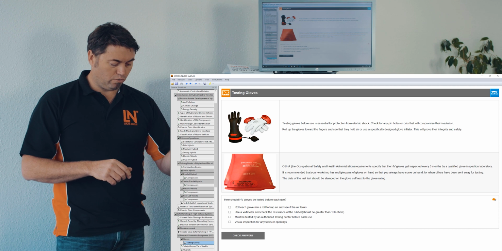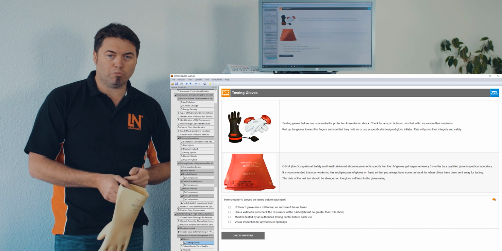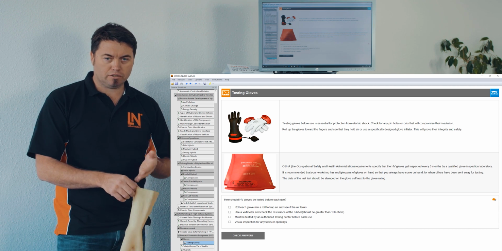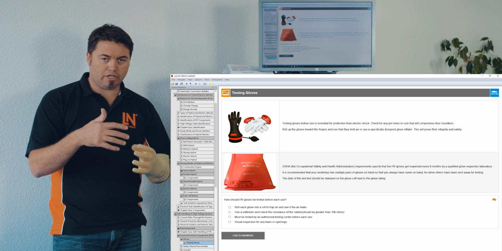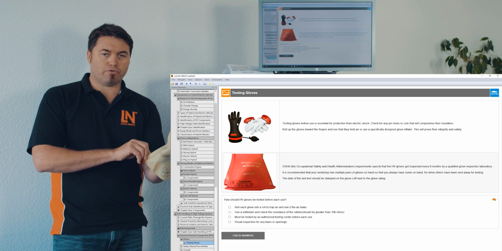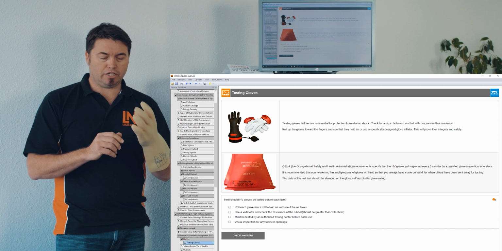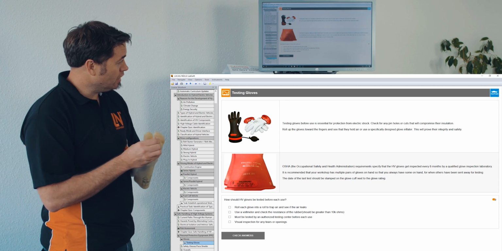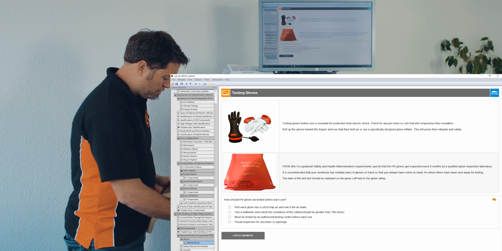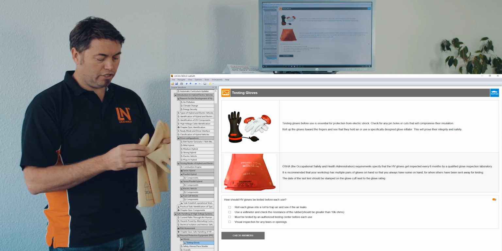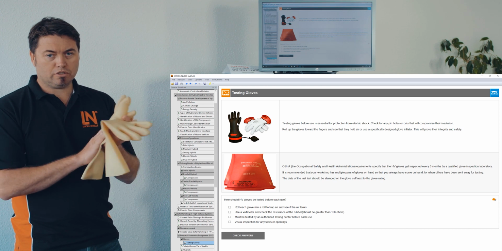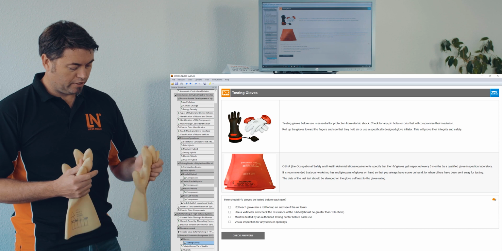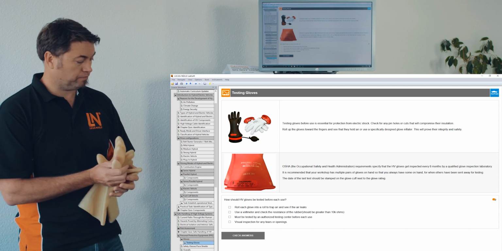When they're tested in the laboratory, a big copper hand goes inside, and they test with high voltage around it to see if there's any leakage. So we want to check both of our gloves for condition, and also make sure that they're in date.